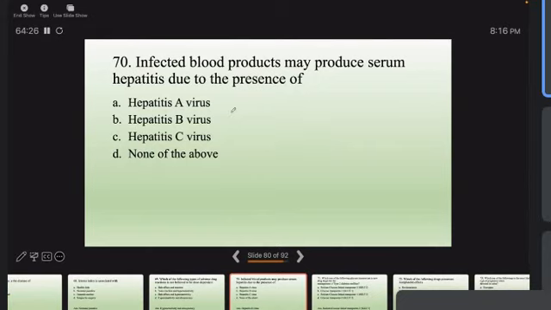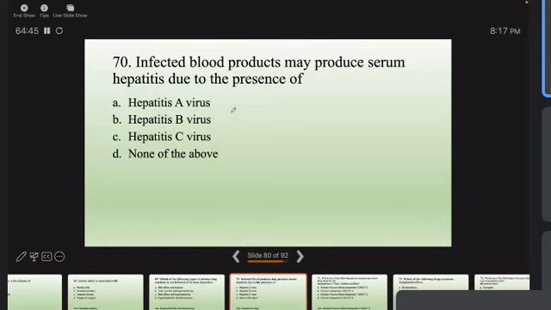Okay. So how is hepatitis A spread? Fecal-oral route. It is only through contaminated food or water. Okay. Hepatitis A is spread in that way. Hepatitis B. Blood. Contaminated blood, needle, exactly.